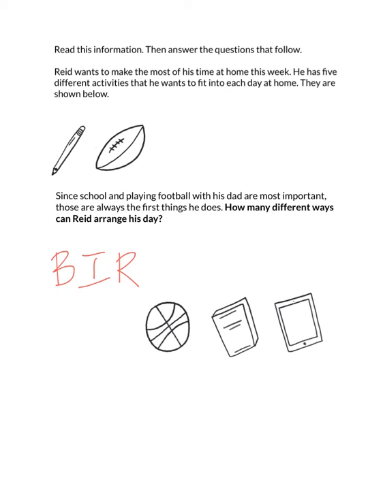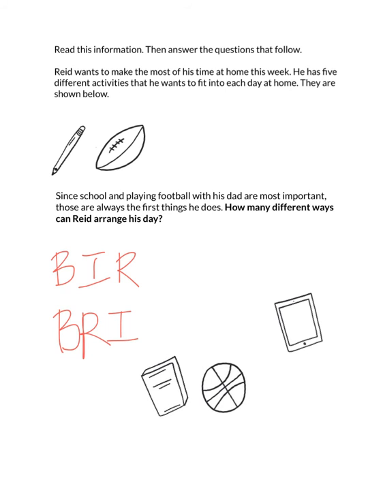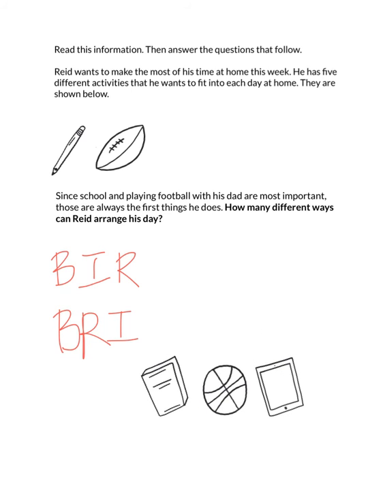Cool. I'm going to write that one so I don't forget. Basketball, reading, iPad. All right, let's see. Another way is we could read first, then we could play basketball, then he could play on his iPad. All right, let's mark it. This would look like reading, basketball, iPad.